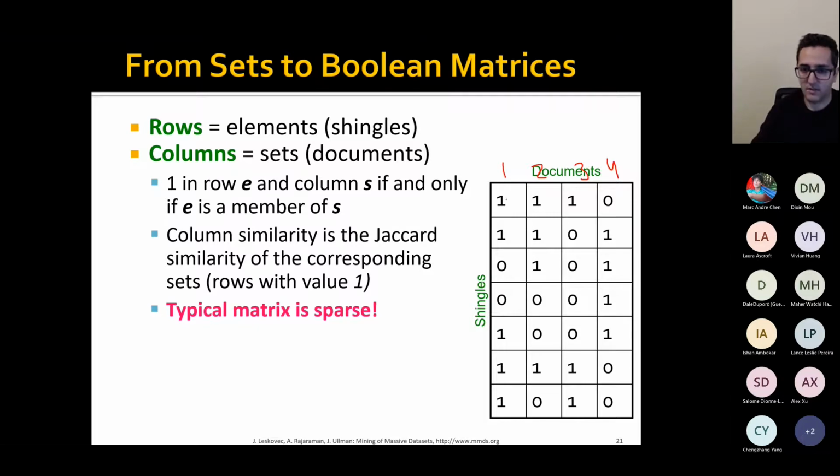So this says, for example, I'm just making this up, that AA appears in document 1, document 2 and 3, but not in document 4, right? AB appears in document 1, document 2, but not in 3, so on and so forth. So this is again a small example. In practice, we have millions of columns, because we have millions of documents. And then we have many, many rows, because we have so many shingles, right?